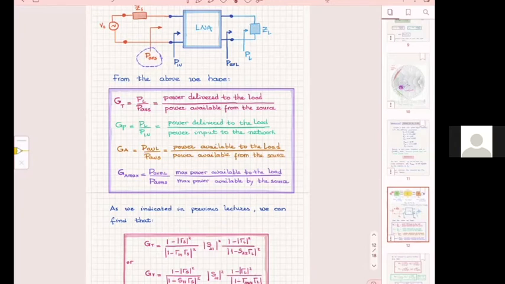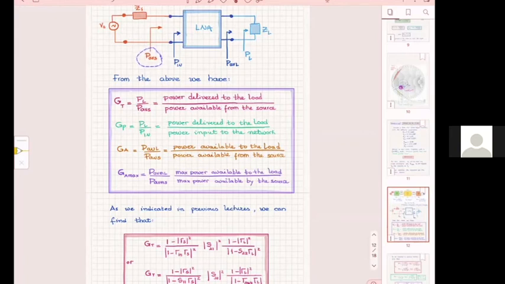It means that if I had a complex conjugate matching there, then the source could give me this much. But a lot of times it's not this much that goes into the LNA because I don't have complex conjugate matching there. In any case, when the ratio is between what goes to the load divided by what the source could give, it does not give, but could give, that's called the transducer gain.